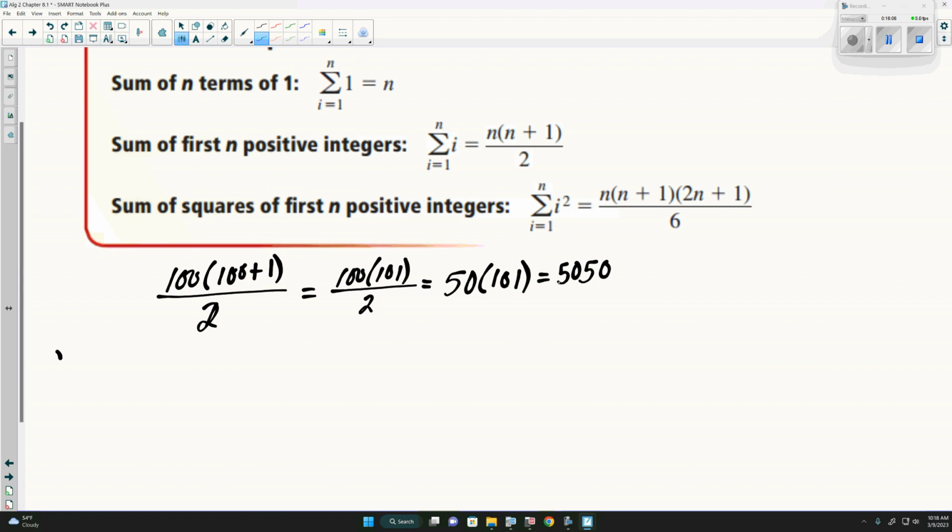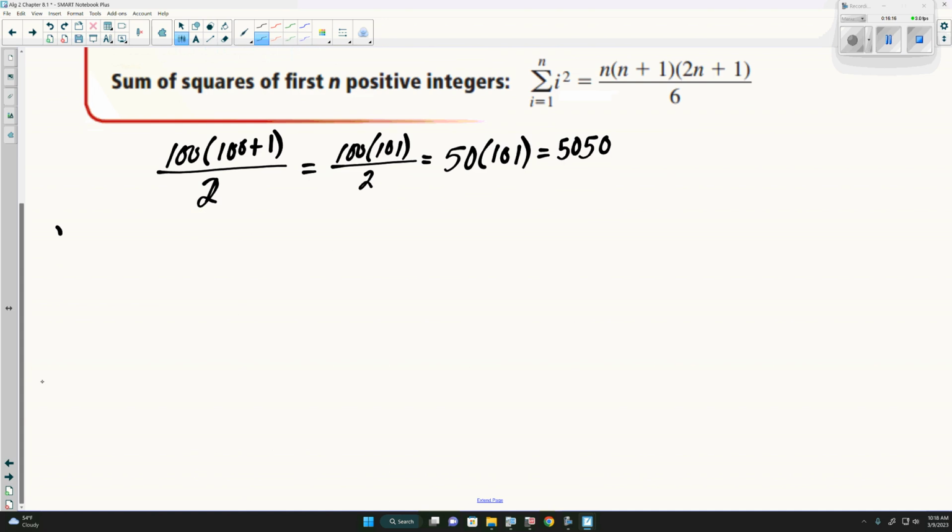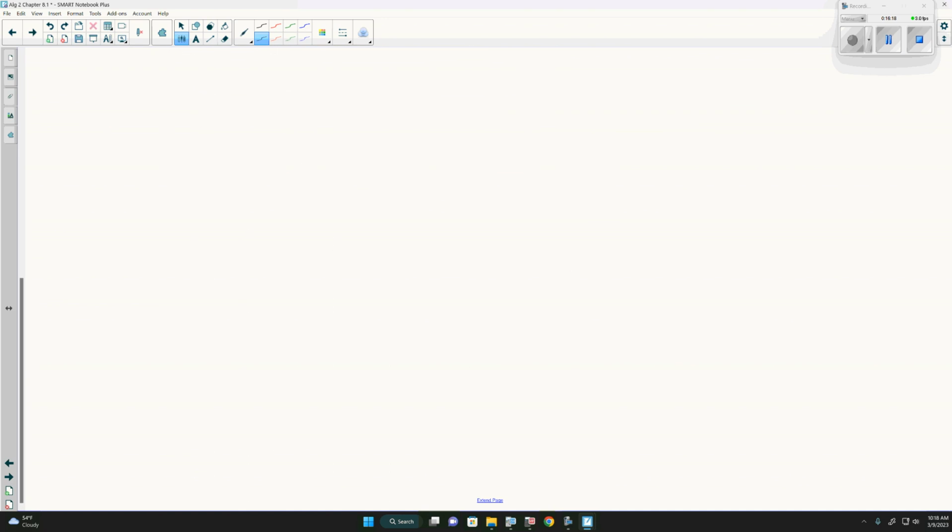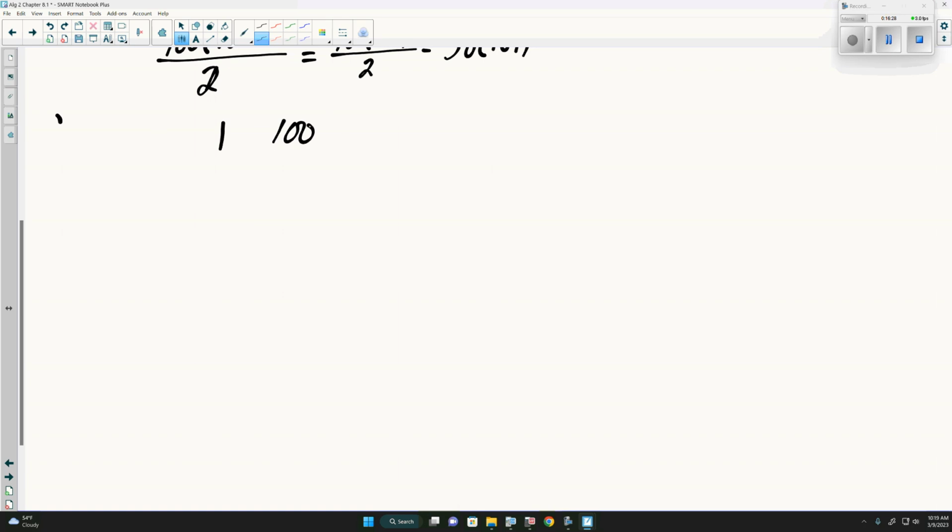If we look from just the positive integers, from 1 to whatever the number is, we have n times n plus 1 divided by 2. Because the first number from 1 to 100 would be 1, yes? The last number is 100. So what I'm doing here is I took all the numbers from 1 to 100 and I folded it in half.